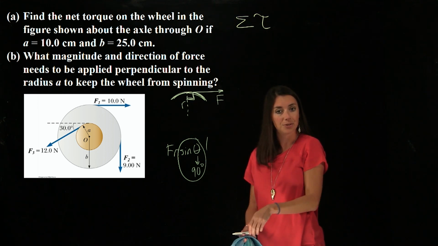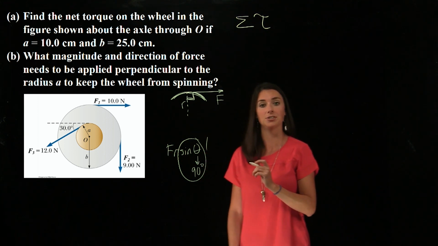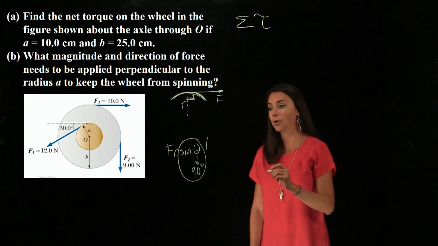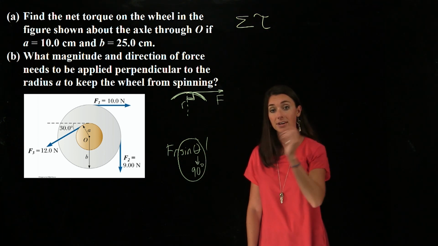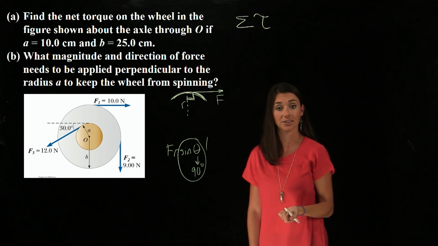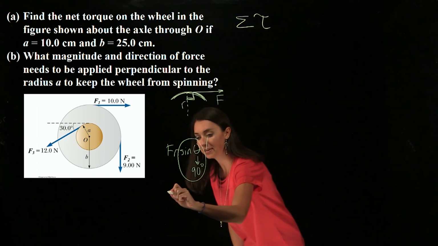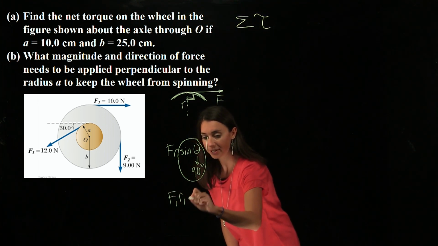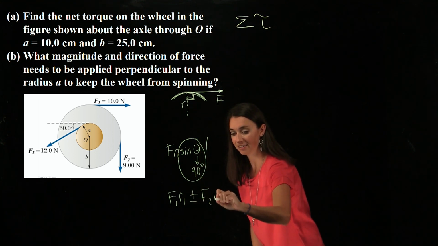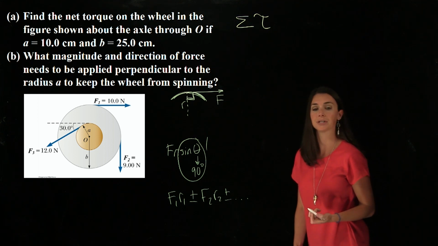But it has nothing to do with the fact that force 3 is already perpendicular to the axle A. So what we really need here is to add up all of our individual F times R's, since our thetas are all 90 degrees. Everything's already perpendicular. So we'd have F1 R1 plus or minus F2 R2, and that would keep going, adding up all your little individual torques.